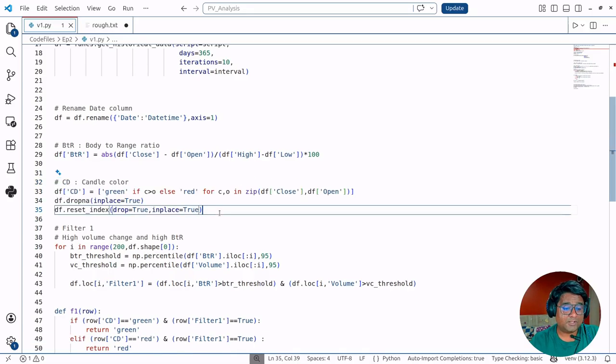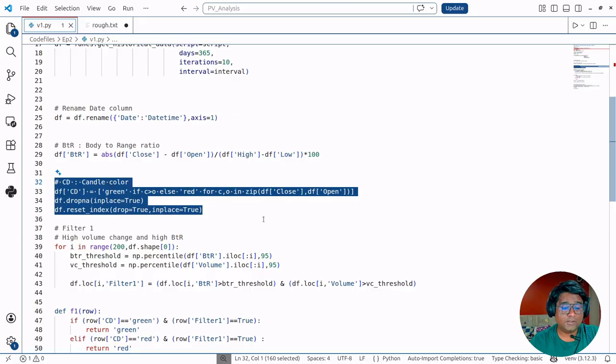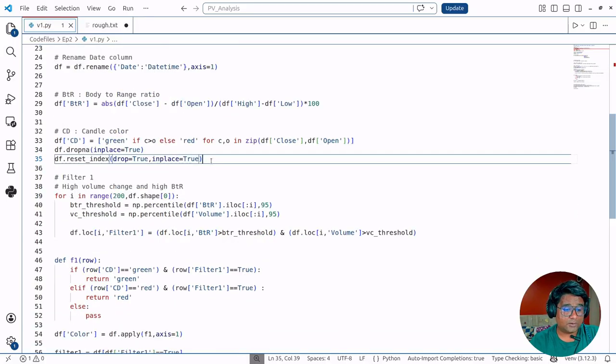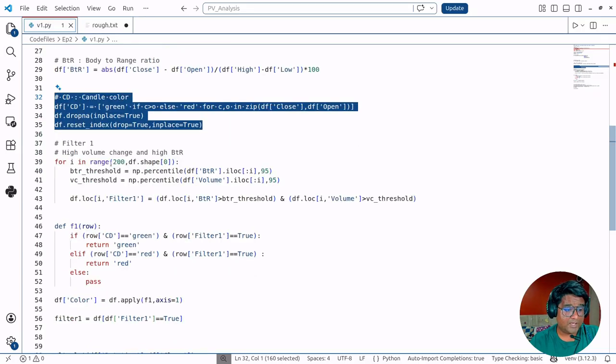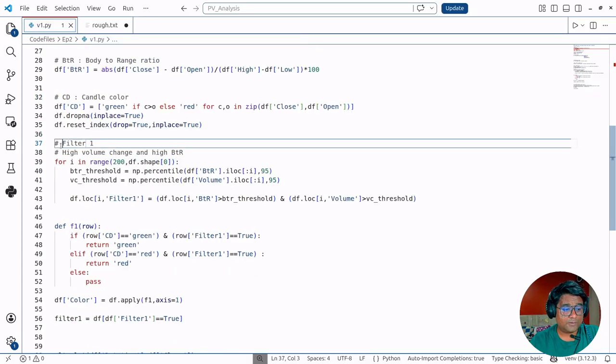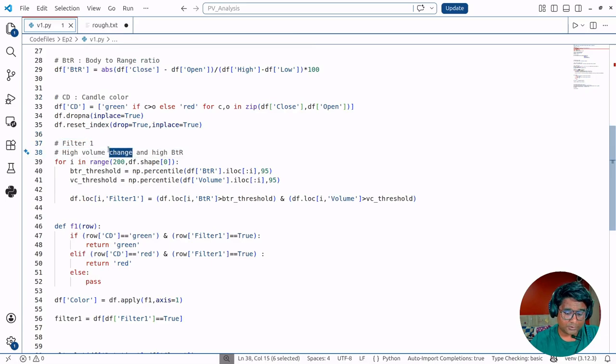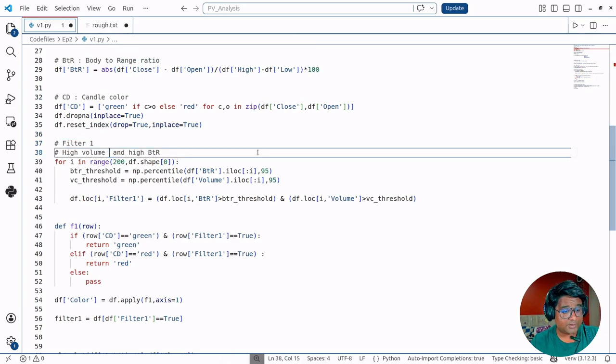For that sake, we need to add an additional column for the color of the candle. That's what this patch of code does. Then we have the first filter, high volume and high BTR. For this, we are calculating the BTR threshold at the 95th percentile and the volume threshold at the 95th percentile.